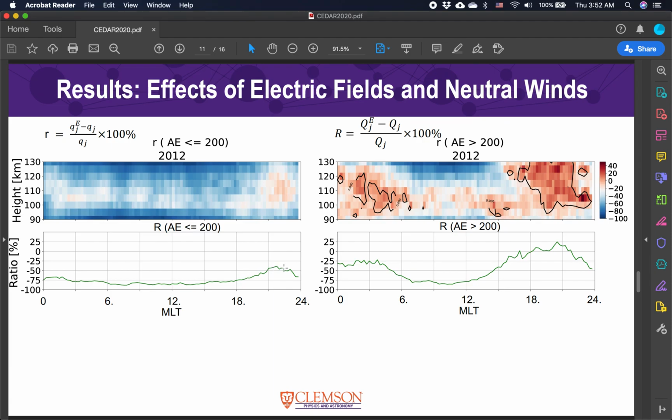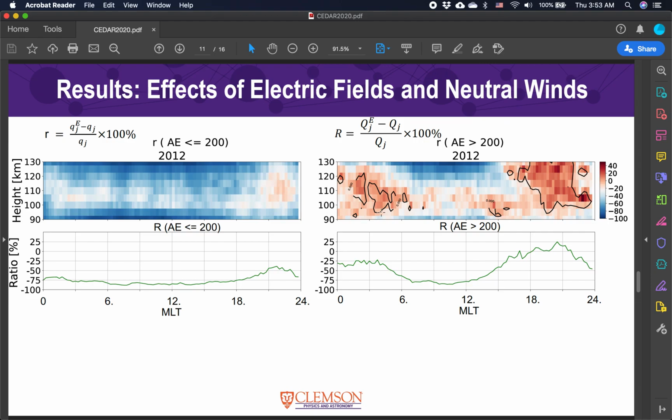But in the evening sector, the ratio is around minus 50%, which indicates that the contributions from the electric field and the neutral winds are comparable. From the height-resolved result, we can see that during most of the time the larger ratios appear around 110 kilometers, but in the evening sector, larger ratios appear in a larger range.